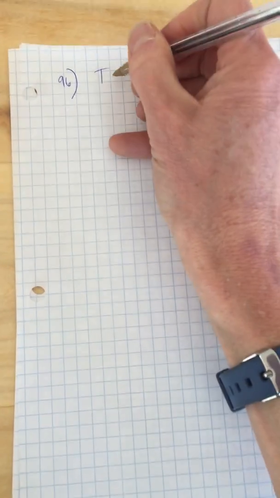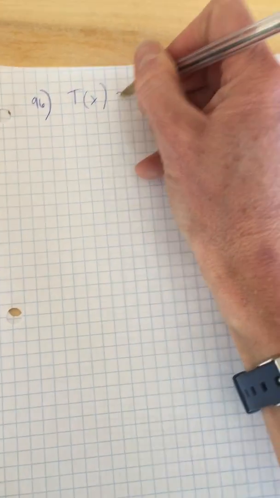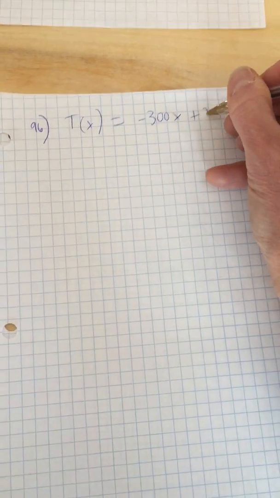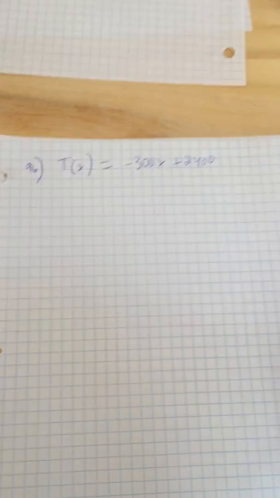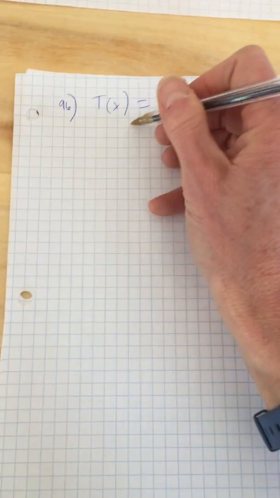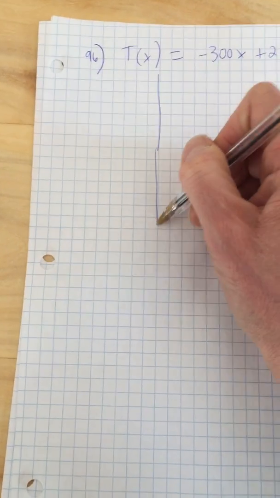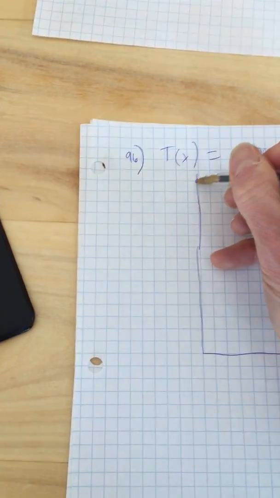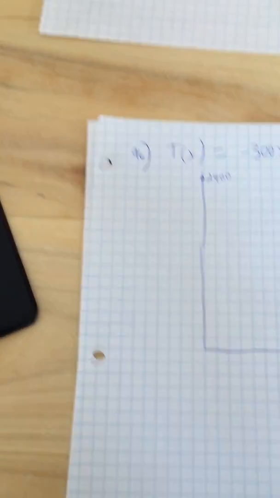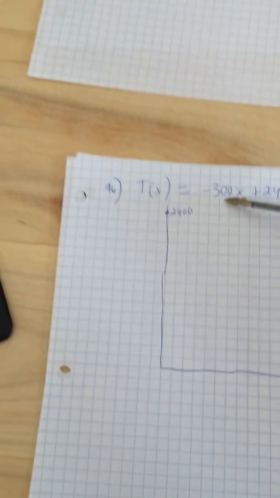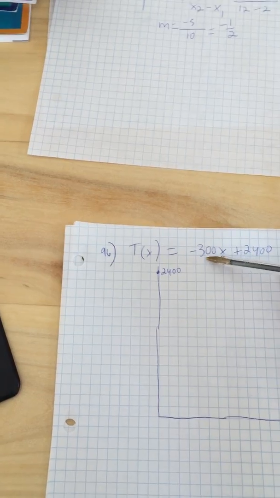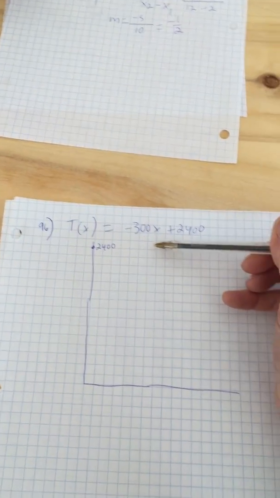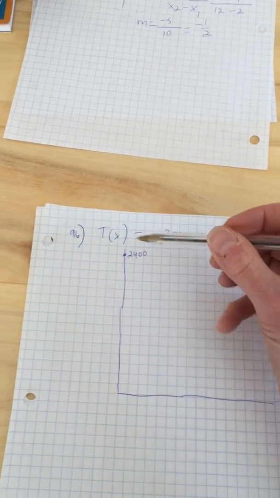So this problem starts with t of x equals negative 300x plus 2400. Really this 2400 is your y-intercept, and it's way up here. And really, what this negative 300 means is that per each year, or really per summer, it goes down in value $300.